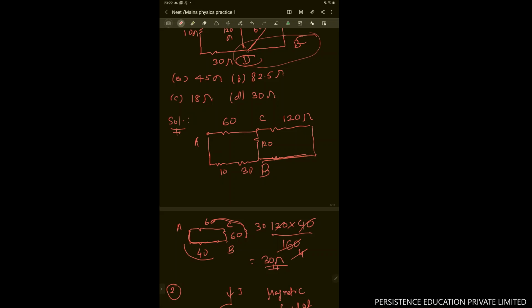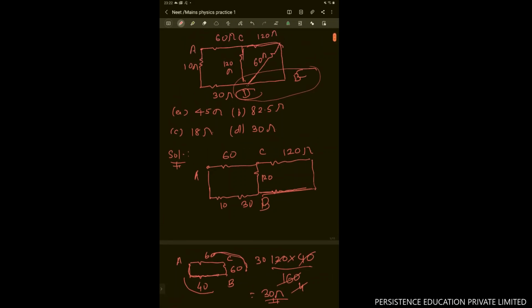You could have solved it very easily, very fast, but I'm trying to make you understand. You have to understand that D and B are an identical group point because there is no circuit element within this point. So the correct answer of this question will be D, 30 ohm.